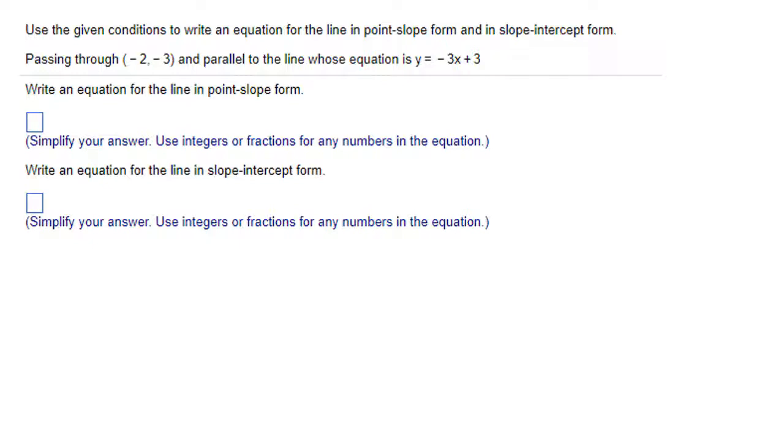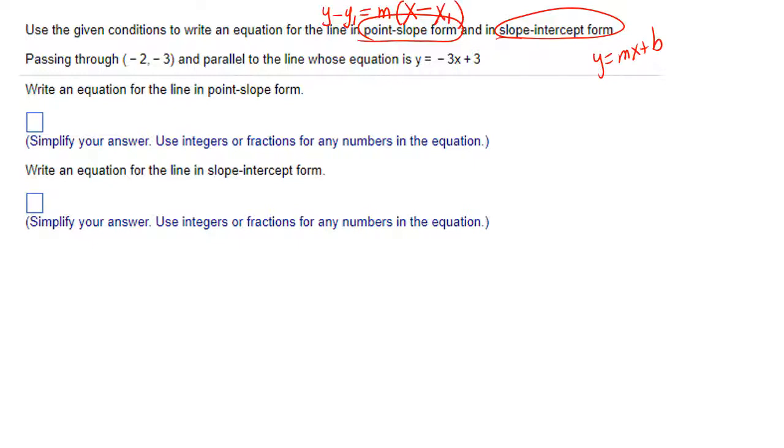Now in this next equation, I'm asked to find the equation in both the point slope and the slope-intercept. We had said the slope-intercept form is mx plus b. But before I can get an equation in that form, I must use the point slope form. The point slope form is y minus y1 equals m slope times x minus x1.